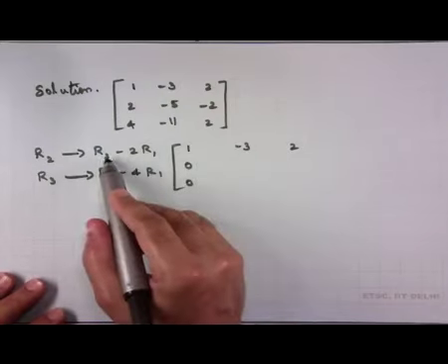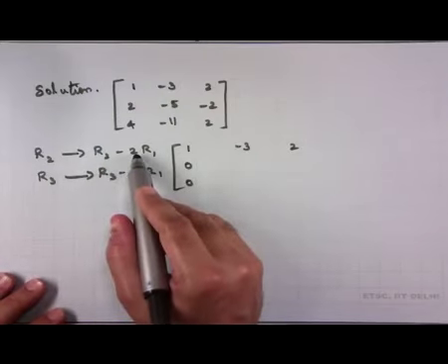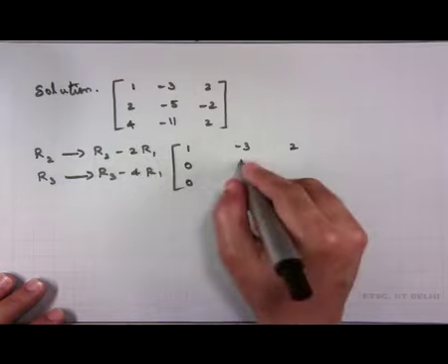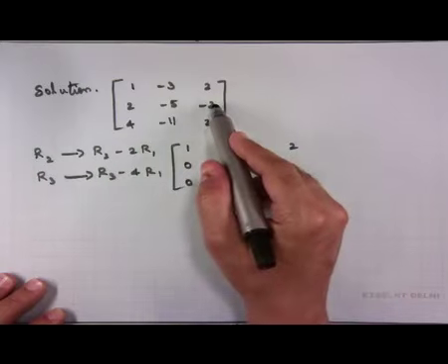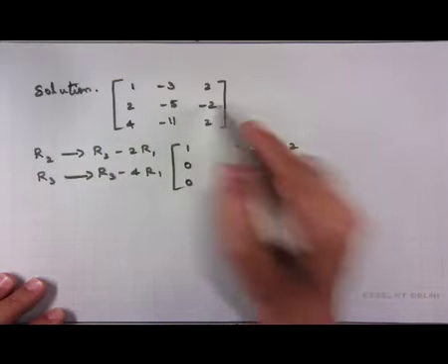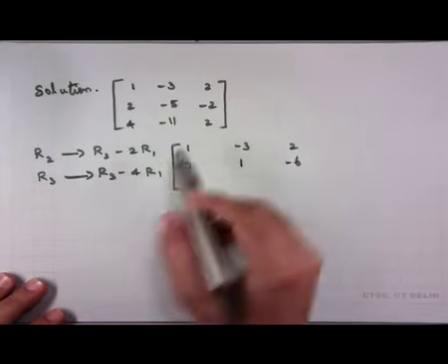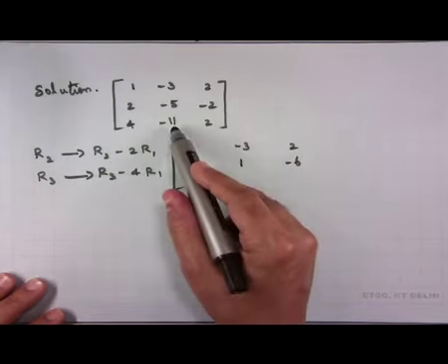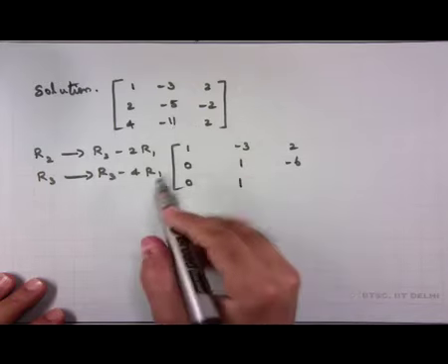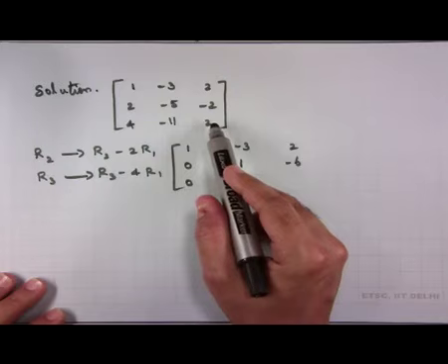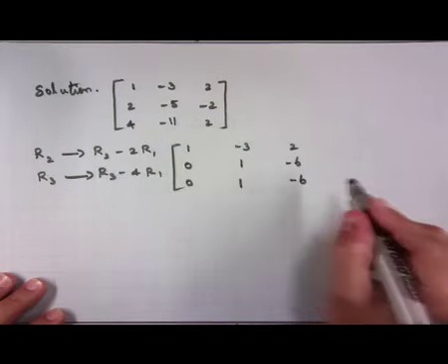Minus 5 minus 2 times minus 3. So, you will have minus 5 plus 6, so you will have 1. Minus 2 minus 4 you will have minus 6, minus 11 plus 12. So, you will have 1, 2 minus 8, so you will have minus 6.